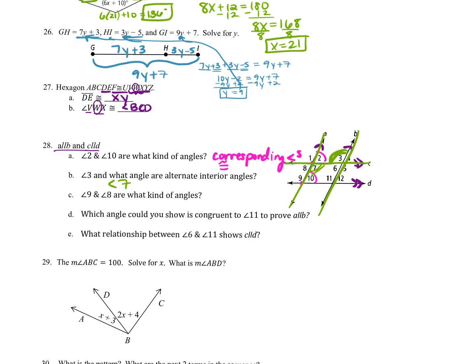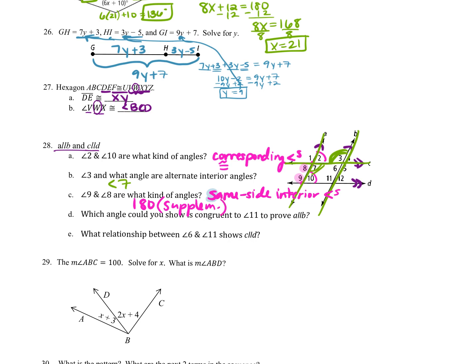Then it says angle 9 and angle 8 are what type of angles? Those are same side interior angles. Okay, so those are same side interior angles. Remember, those ones are supplementary. So together they would add up to 180.